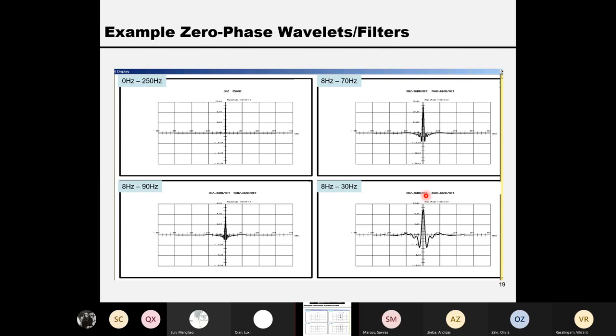That's why we say a zero phase filter or zero phase wavelet has the highest resolution. So one of our objectives in seismic data processing is to somehow compensate or process your data to make the final seismogram, the final seismic trace, zero phase.